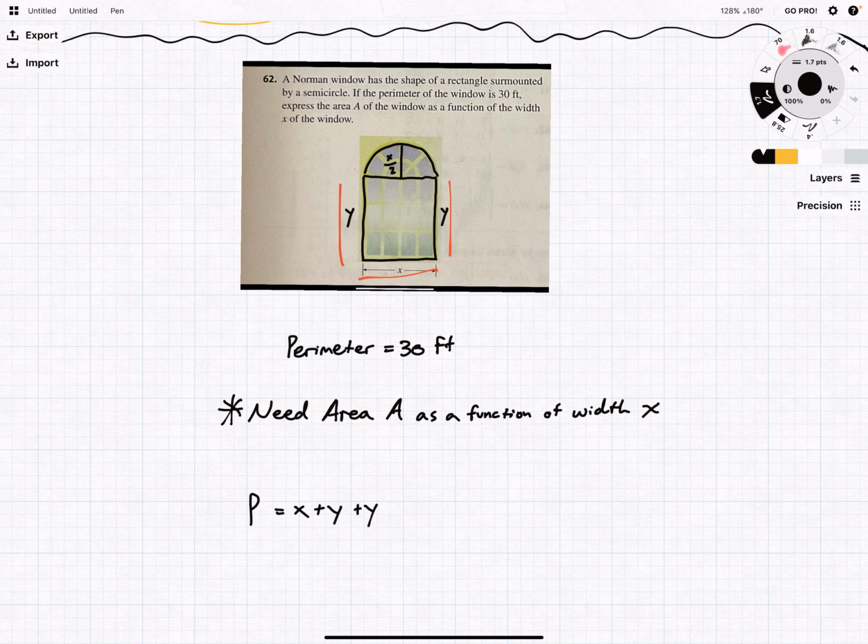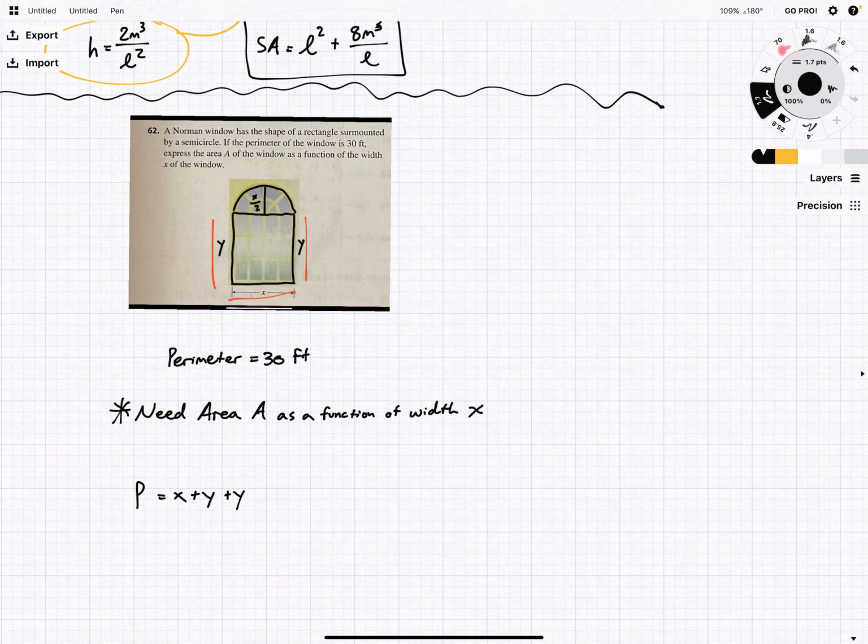And then, well, let's see, what's the perimeter of a circle? Well, the perimeter is usually called the circumference, so we'll write circumference. And that is usually C equal to 2 pi r. Well, in this case, it's a half circle, so it's only going to be 1/2 times 2 pi r. So that just gives us pi r.